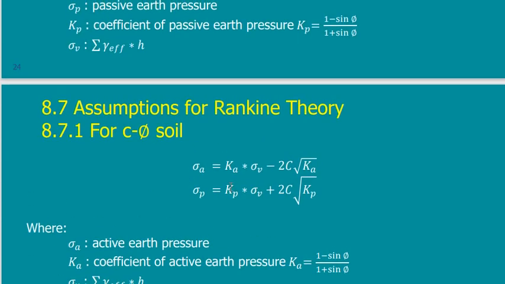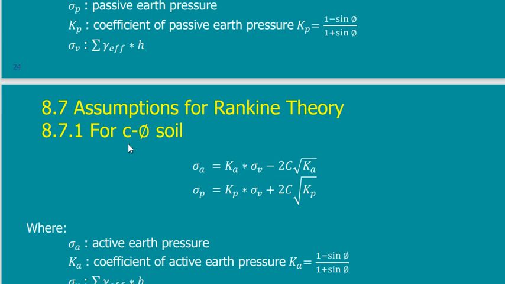So now I need to get the full equation. Suppose, as we said, that the equation is working mainly for phi soil. But it may work for C phi soil. There may be an effect for C, but this effect of C would be something less than the effect of phi.